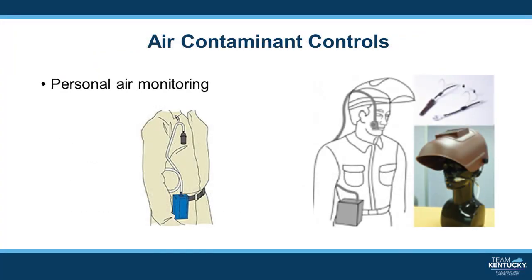In some of the control methods of air quality contamination, here are some pictures of what it would be like to do the personal air monitoring on the employees. In the picture on the left, it shows a typical setup for air monitoring of the employees in the workplace, where a small air pump is attached to the worker's belt.